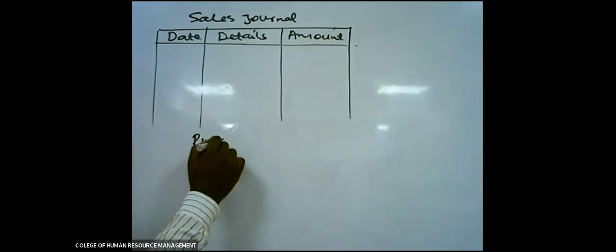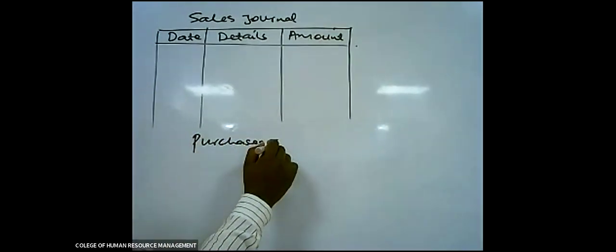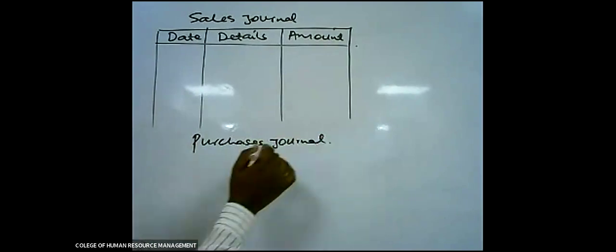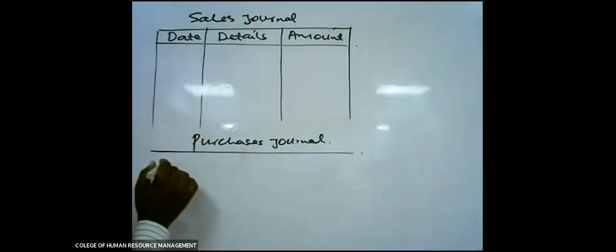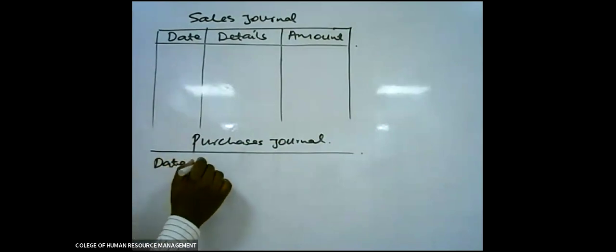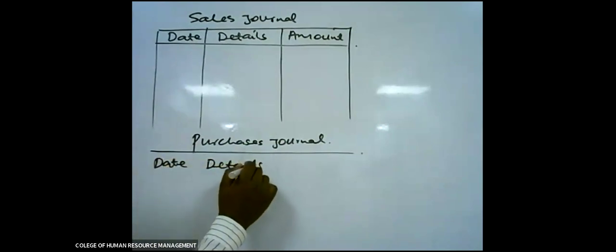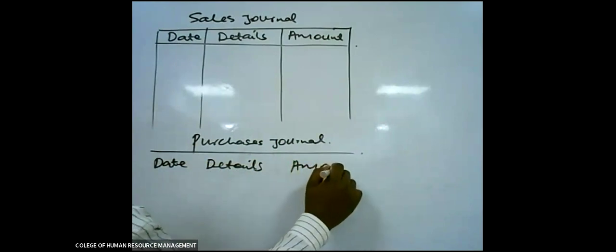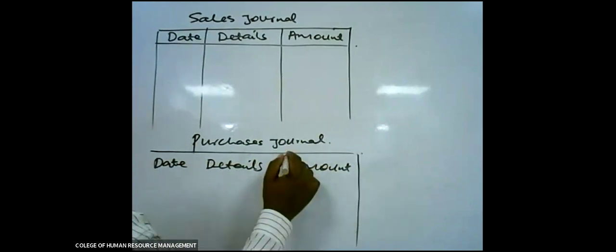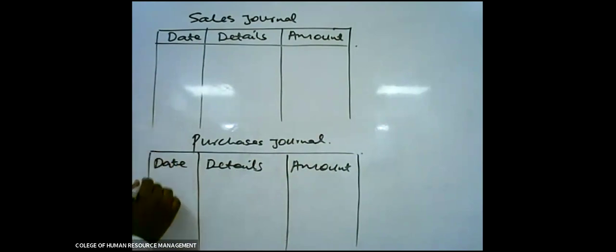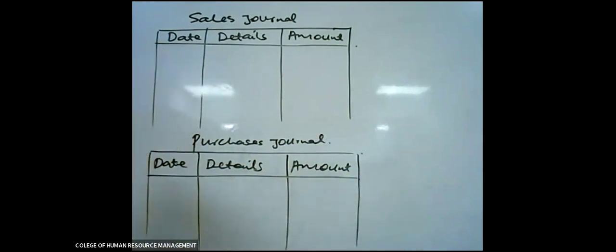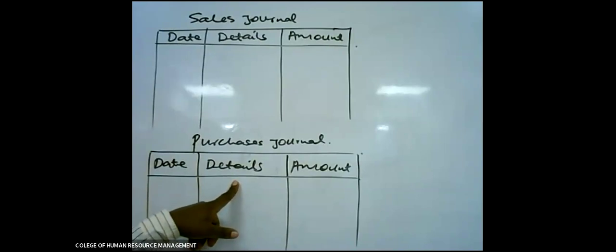Then the purchases journal has the same columns: the date, the details, and the amount. When we are purchasing on credit, in the details we capture the name of the supplier who sold the goods to us, or from whom we purchased the goods on credit.